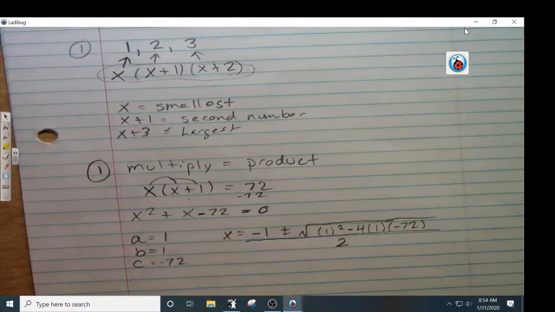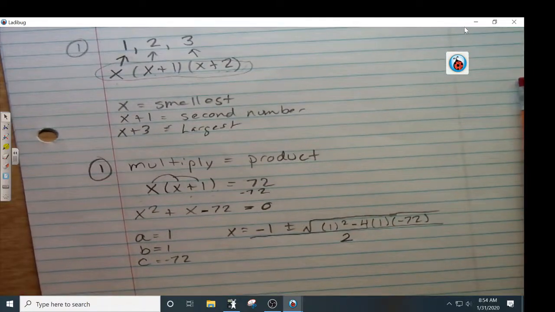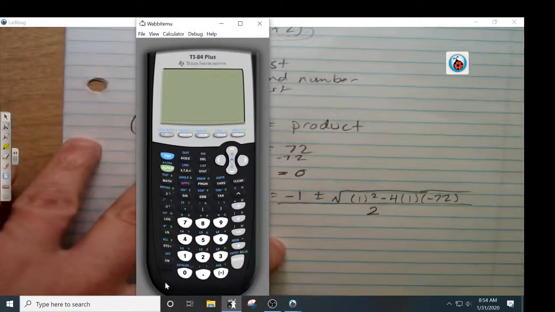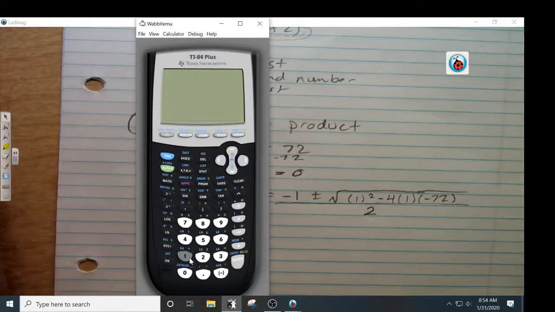Now, if I do my discriminant, that's going to be 1 squared minus 4 times 1 times negative 72.